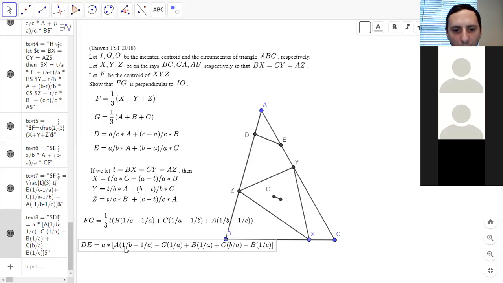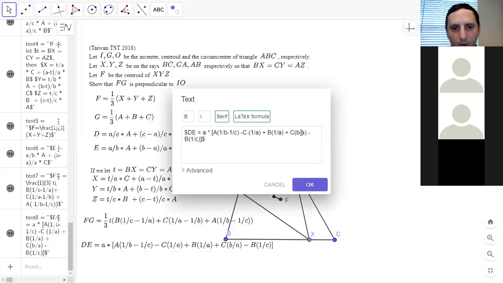Okay, so this should be 1 over A. I think it should be like this. ED is A times 1 over C minus 1 over B. So everything is flipped, DE versus FG.